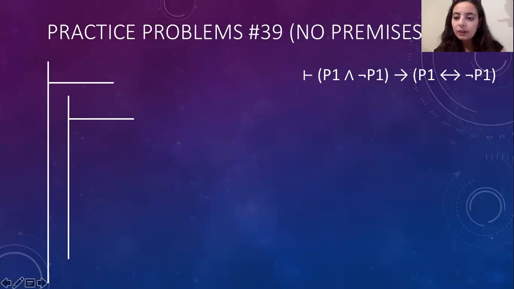I just gave it away, but the main connective in this question is the conditional. This can be taken as a whole unit, and this can be taken as a whole unit, both connected by this conditional. Obviously, within them, there's smaller pieces, but these two big pieces are connected by this middle conditional.